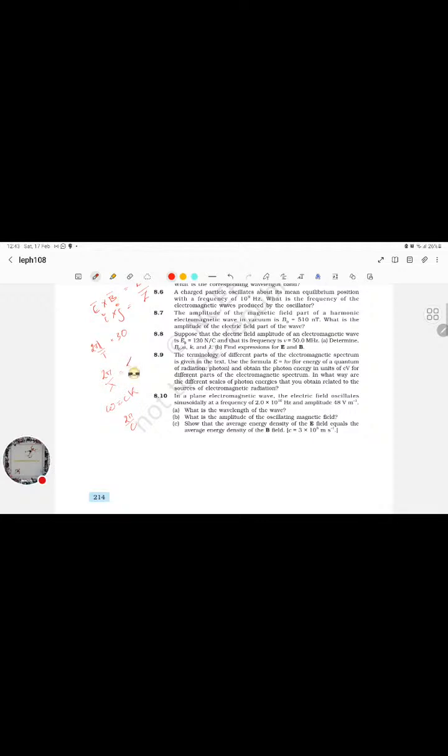Now 2 pi by lambda is equal to k, omega equals ck. Times c, omega is 2 pi by T, so this gets cancelled. So c by T is the lambda, yeah, c nu is lambda actually. I know the value of the speed of light.